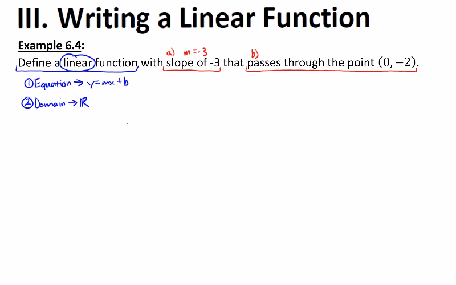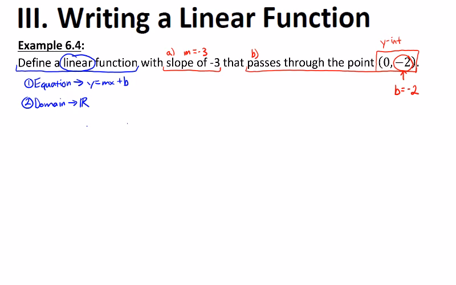And then passes through the point 0, -2. So you're going to see this giving of a point, having to pass through a particular point as a particular condition often. That's going to happen a lot. In the event that the point you are given is a y-intercept, if you know that it's a y-intercept, then that means whatever the value is for the y in that ordered pair must represent b.